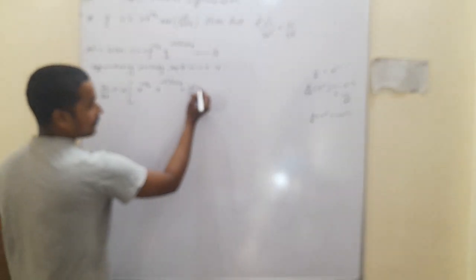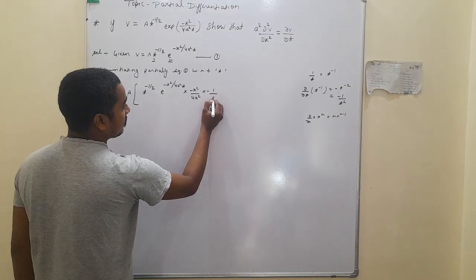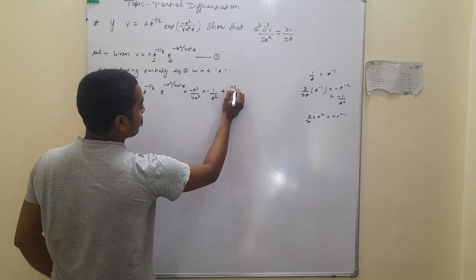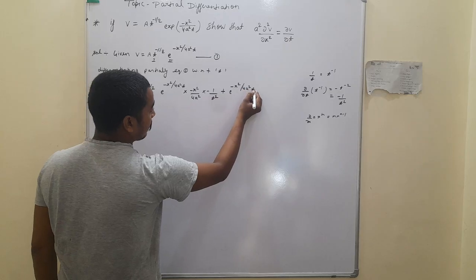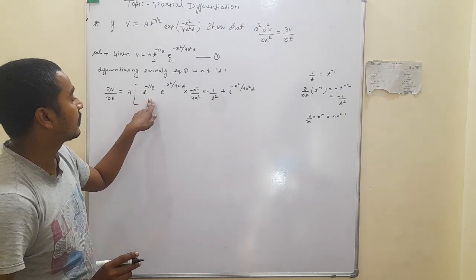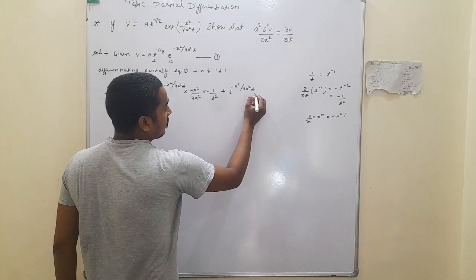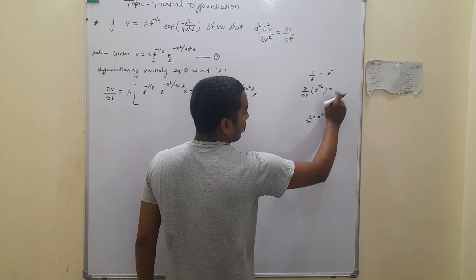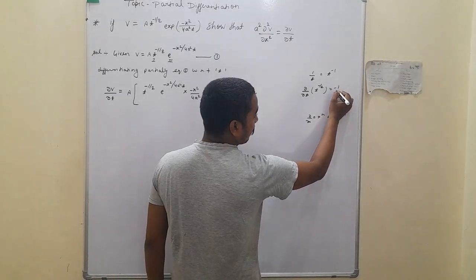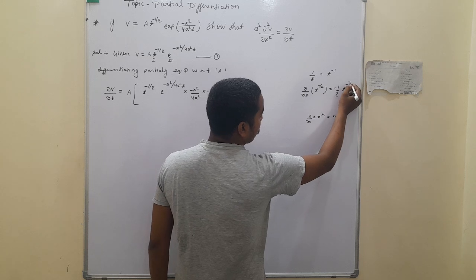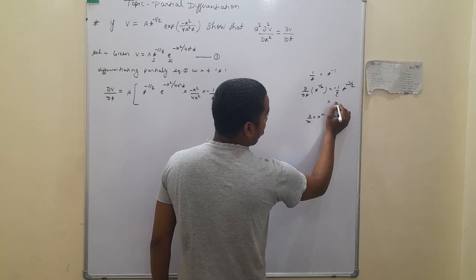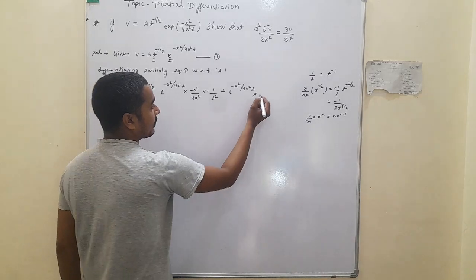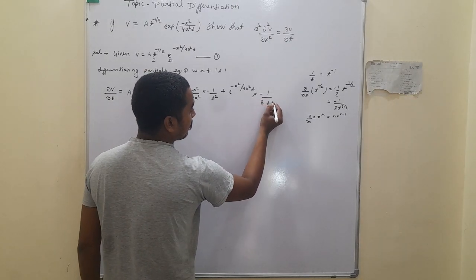So we write here minus 1 upon t square, and again here is the second function, we write here plus e to the power of minus x square upon 4a square t, and again differentiating the second function t to the power of minus 1 by 2, using the formula x to the power n gives n x to the power n minus 1, this gives minus 1 by 2 and t to the power of minus 3 by 2, and in the last we write here minus 1 by 2 into t to the power of 3 by 2.